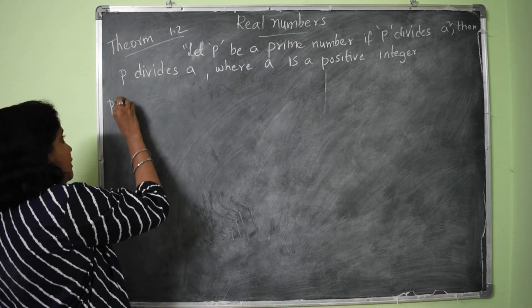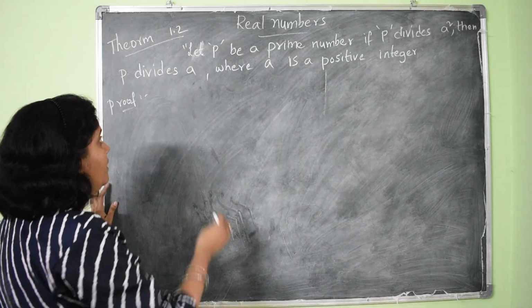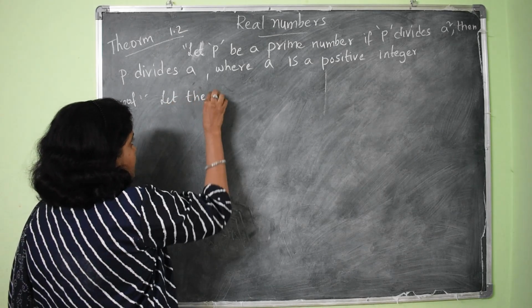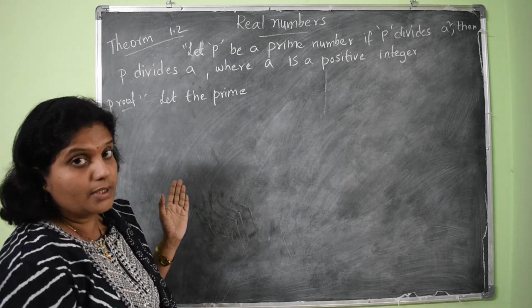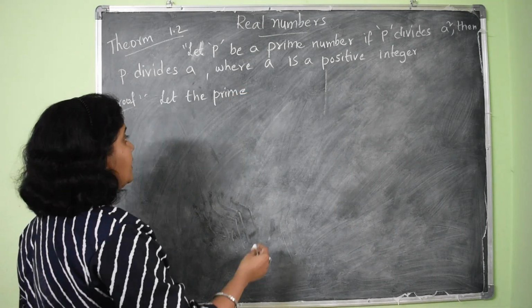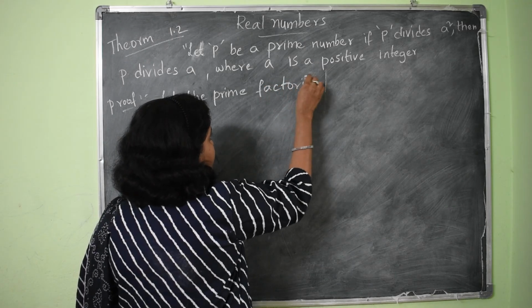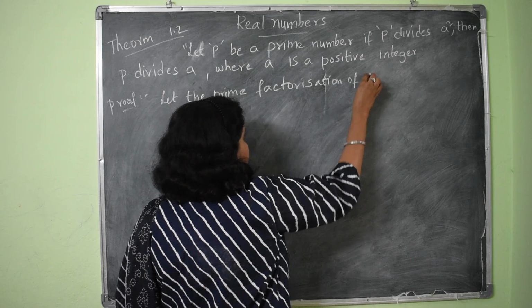Okay, let's go for the proof. So what I told, let A be the prime factorization of AB. For what will we write prime factorization? For composite numbers, according to the fundamental theorem. Let the prime factorization of AB be as follows.